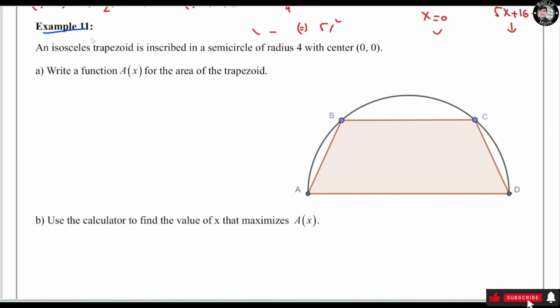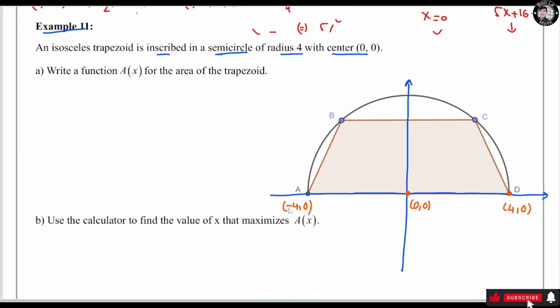Example number 11. An isosceles trapezoid is inscribed in a semicircle of radius 4 with center at the origin. So the center is right here. Now this point is (4, 0), and this one is (negative 4, 0). Now point C right here has the coordinates s and y.